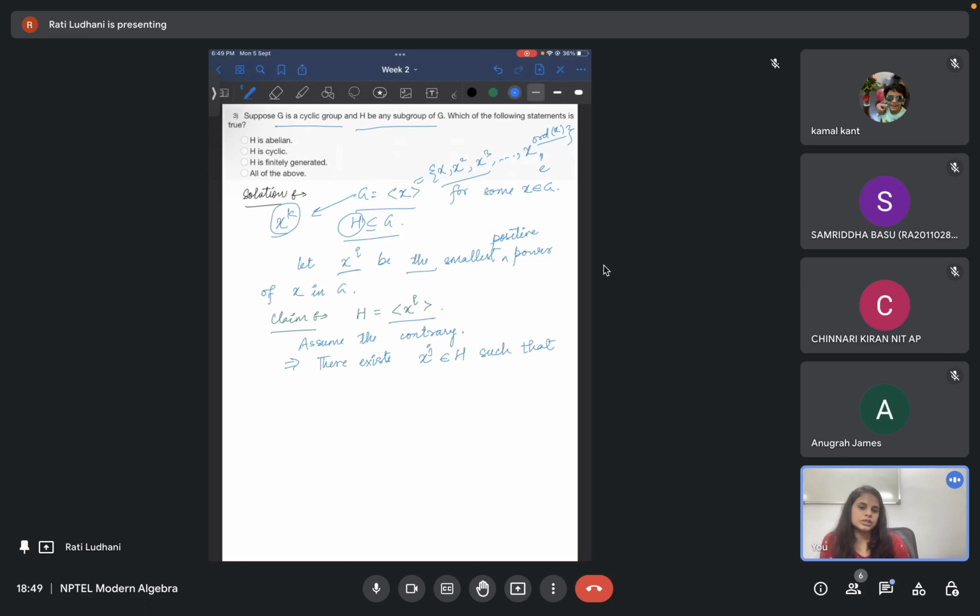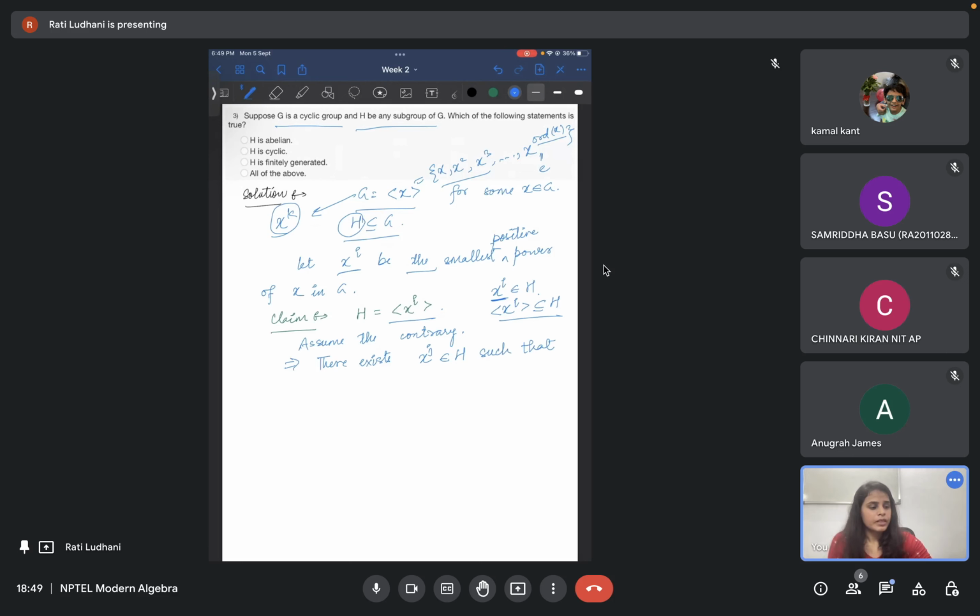One more thing, x raised to power i belongs to H, that means all the powers of x raised to power i belong to H. That means this set is contained in H, like the full generated set is in H, because x raised to power i will be there, x raised to power i square will be there, x raised to power i cube will be there. So all the elements will be in H.